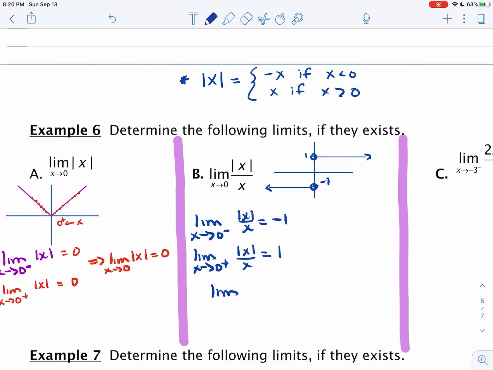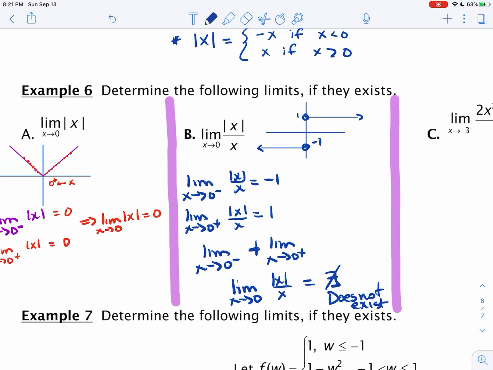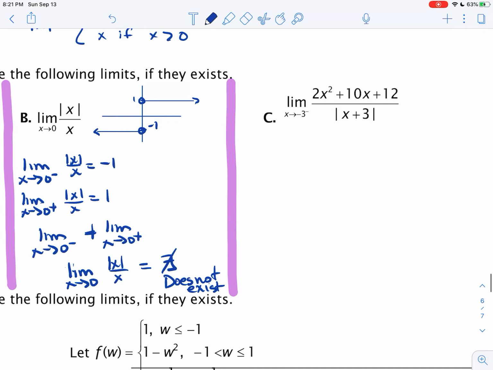Because the limit as x approaches 0 from the left does not equal the limit as x approaches 0 from the right, this tells me the limit as x approaches 0 of absolute value of x over x does not exist. That's a backwards E with a slash through it. Good. You could also consider, just like what I did before with 3 and -3, picking values very close to 0 from either end to demonstrate this without graphing.